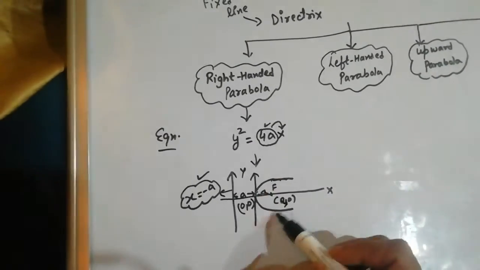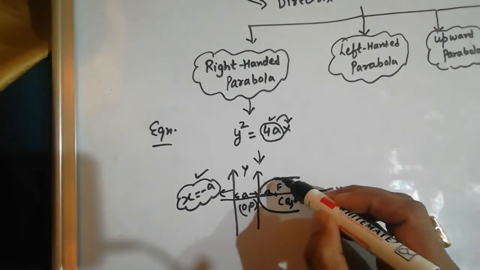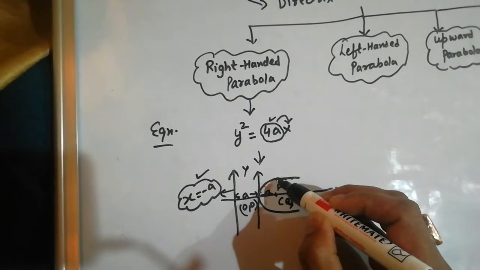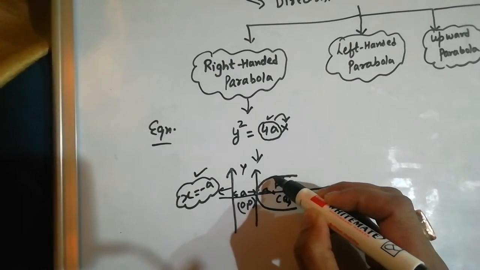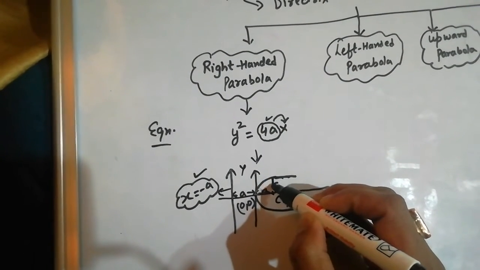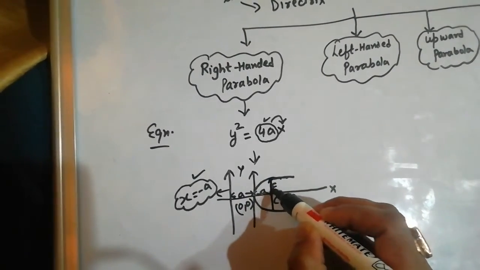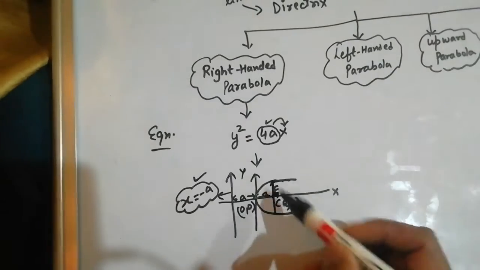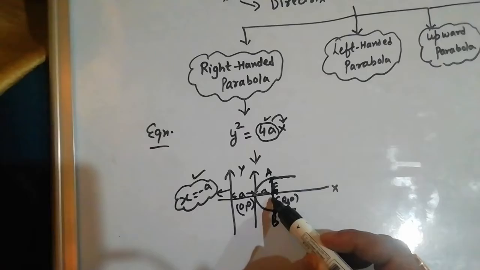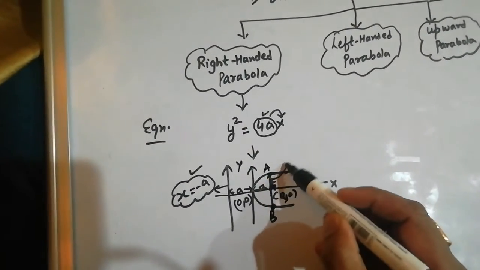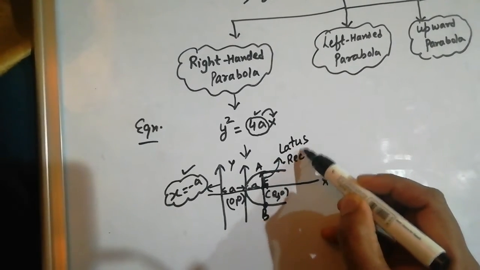Now I am explaining one more thing. A line which is passing through the focus and perpendicular to the axis, let this line be AB. This line is called the latus rectum.